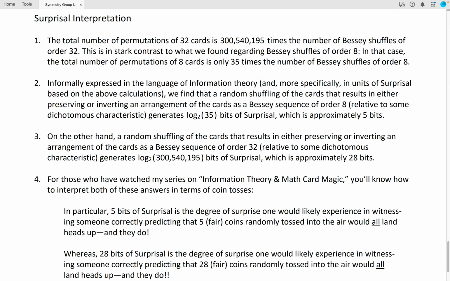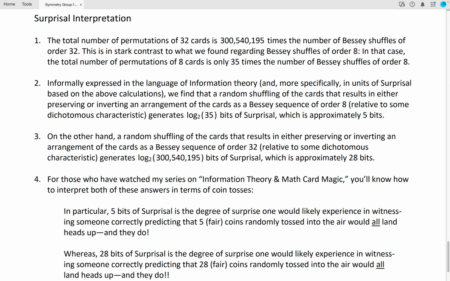4. For those who have watched my series on information theory and math card magic, you'll know how to interpret both of these answers in terms of ordinary coin tosses. In particular, 5 bits of surprisal is the degree of surprise one would likely experience in witnessing someone correctly predicting that 5 fair coins randomly tossed into the air would all land heads up.